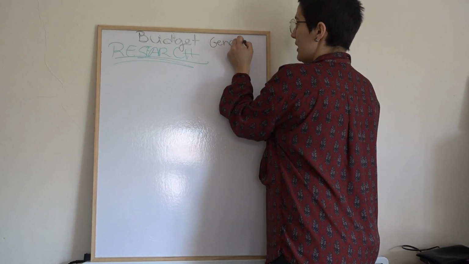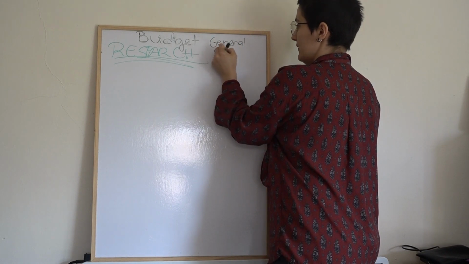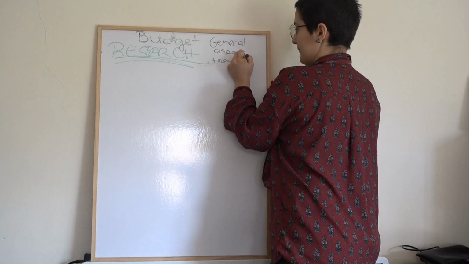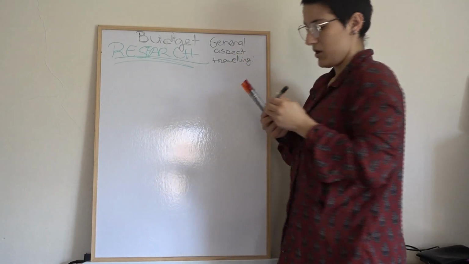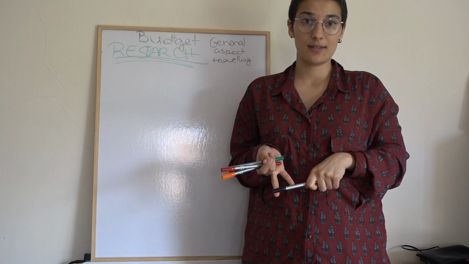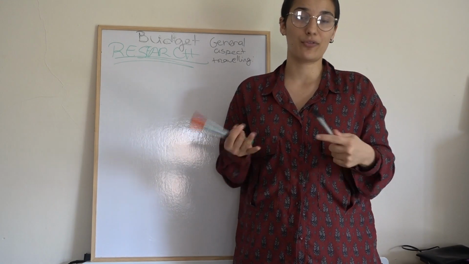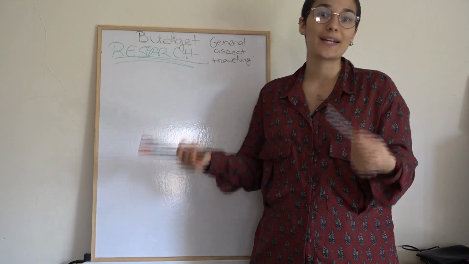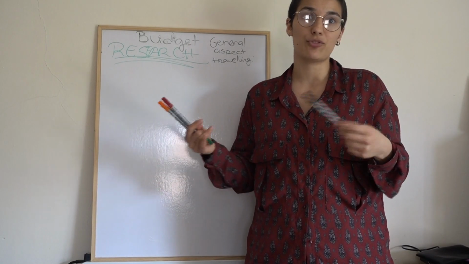First of all, what I like to call the general aspect of traveling. What this includes is flights, visas, and extras like, for example, Southeast Asia that I'm going. You need vaccines, you need extra medicine for malaria.